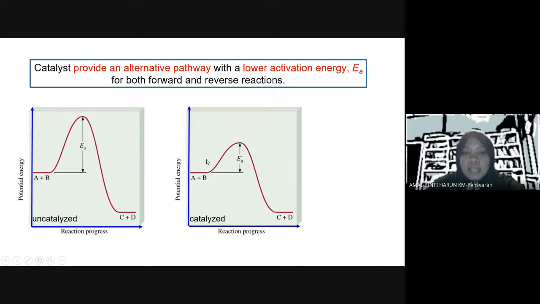Sekarang, bila kita masukkan catalyst, activation energy dah direndahkan. Jadi, lebih mudah reaktan untuk converted to CD. Okay, less energy required for the reactant to convert to product.